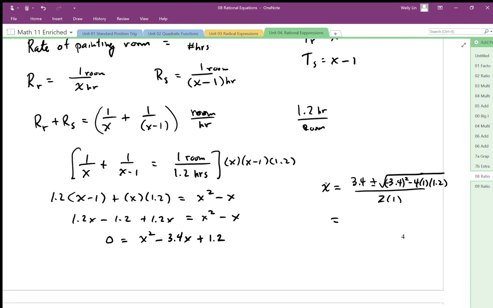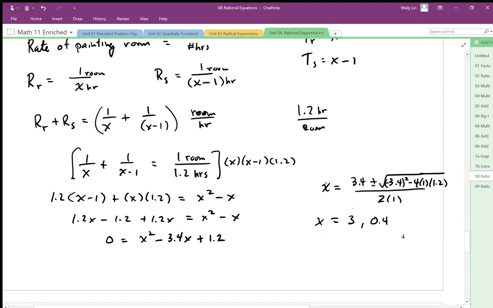I'm getting an answer of 3. Let me just make sure I've done this correctly. Yes, so my solution is x equals 3 hours, and the minus version is going to be 0.4 hours.